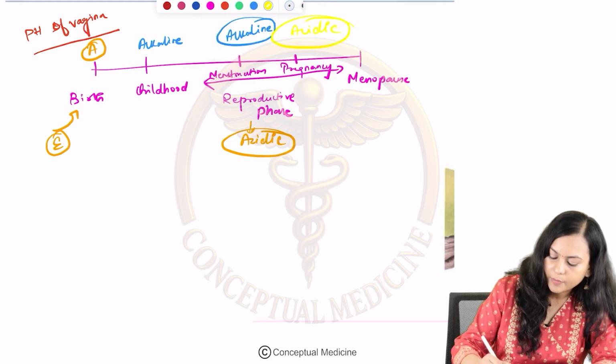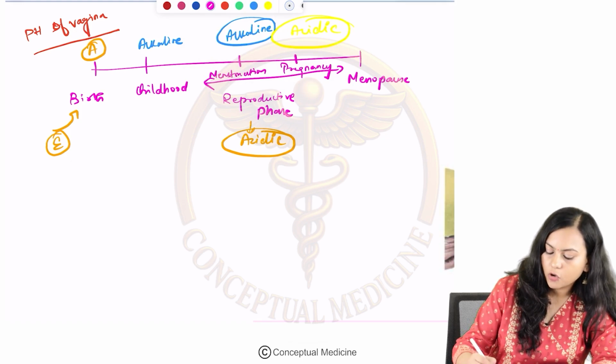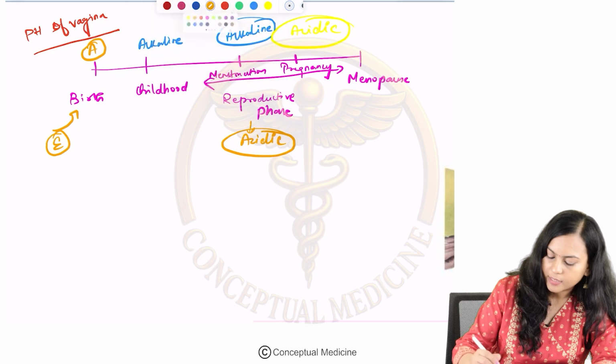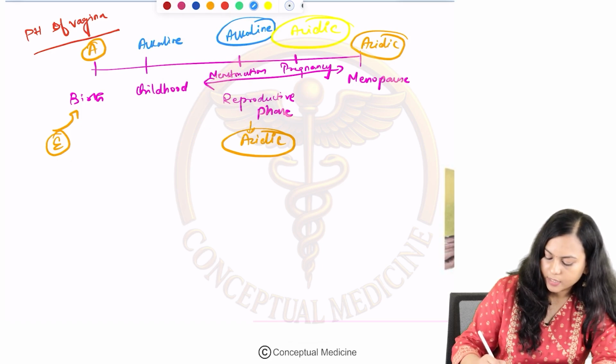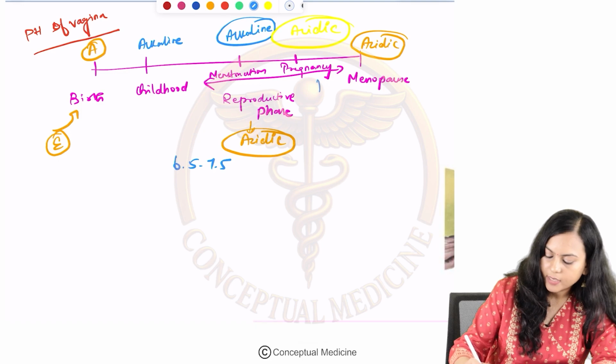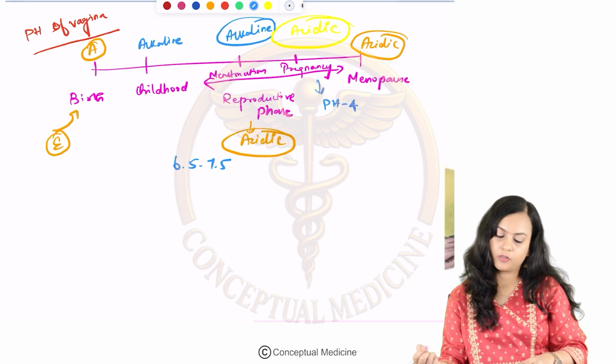In menopause, since the estrogen hormone action is lost, again it becomes alkaline. Usually alkaline means the pH will be 6.5 to 7.5, and in pregnancy the pH will be around 4.